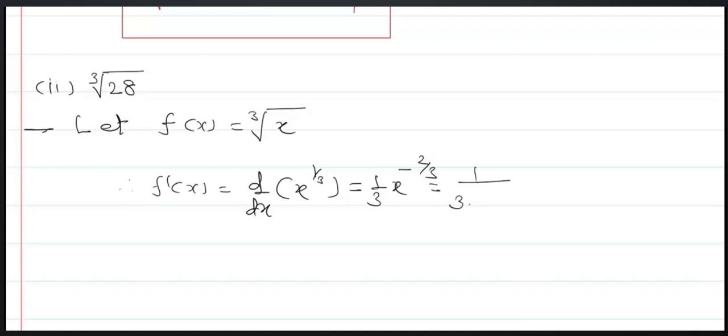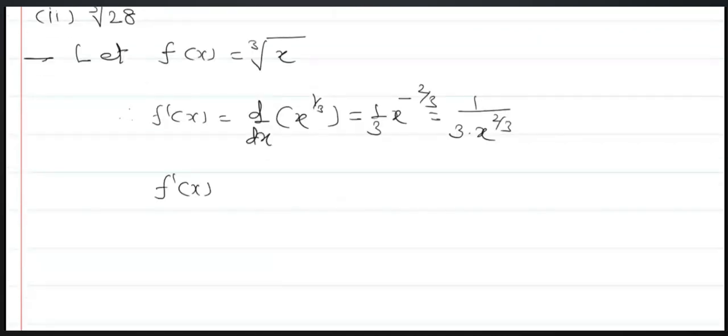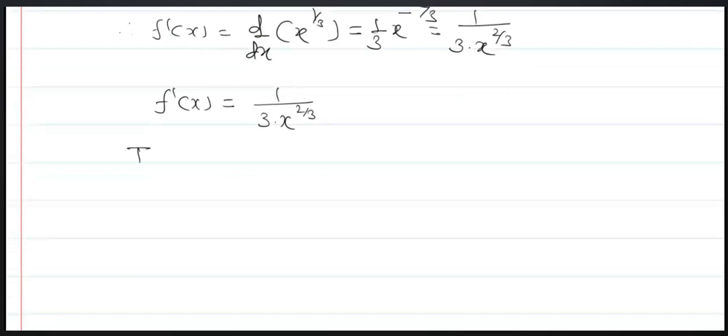That is, f dash of x is 1 upon 3 into x raised to 2 by 3 in the denominator. Now take the values: a is equal to 27, h is equal to 1.